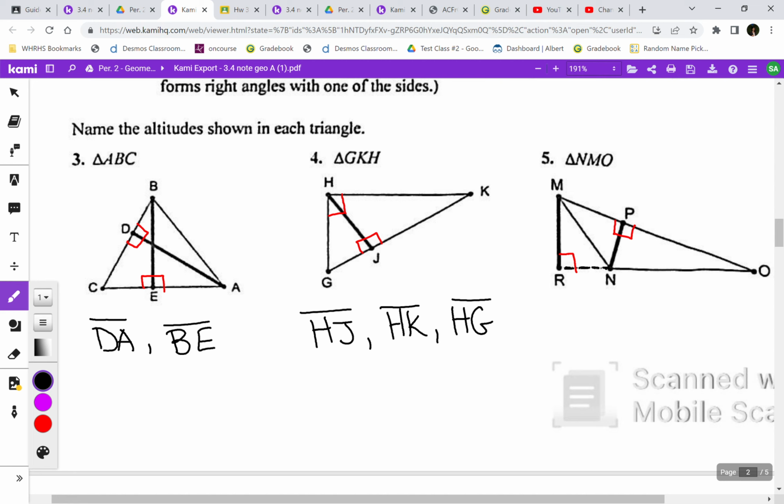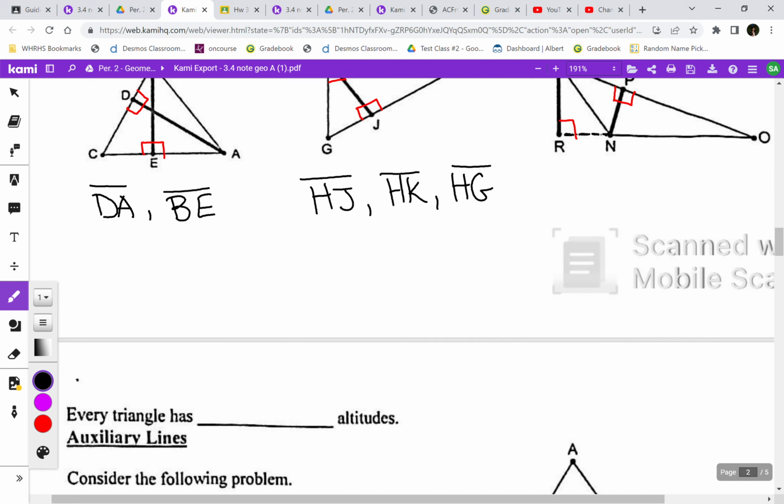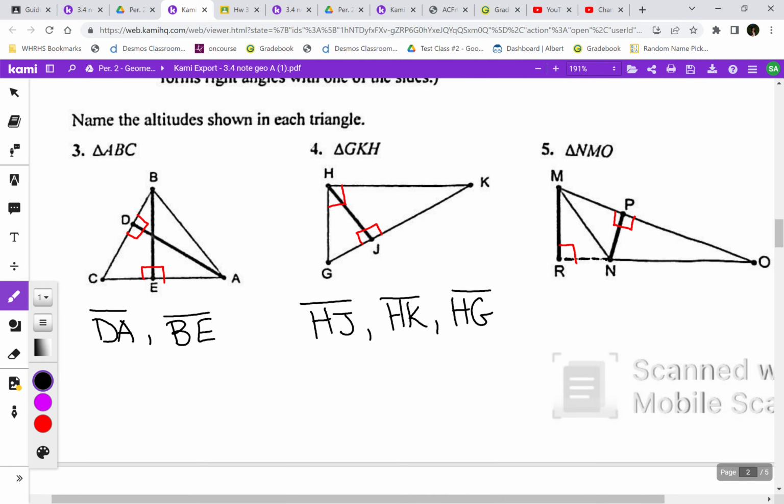So an altitude could fall inside the triangle. It can fall outside the triangle. It could actually be sides of the triangle. That's all okay. A median cuts through the triangle, starts at a vertex, cuts through, goes to the other side. It's not a median. These are altitudes.